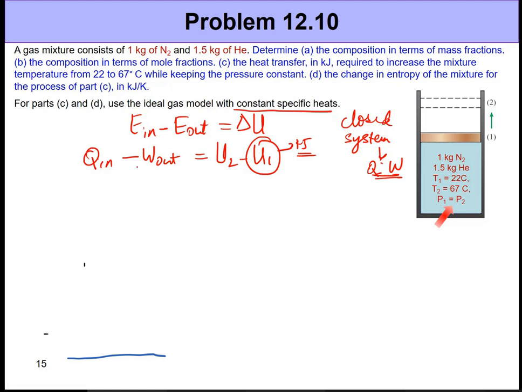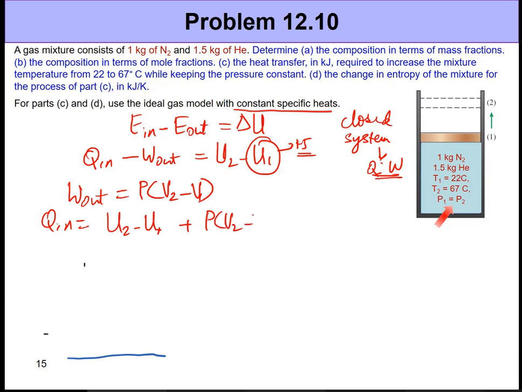Now, when we're looking at this equation, the boundary work that we need to calculate is for a constant pressure process, and we know that the boundary work for a constant pressure process can be written as P delta V, or P times V2 minus V1. These V's are the volumes here. So I can write Q in as U2 minus U1 plus pressure times V2 minus V1.